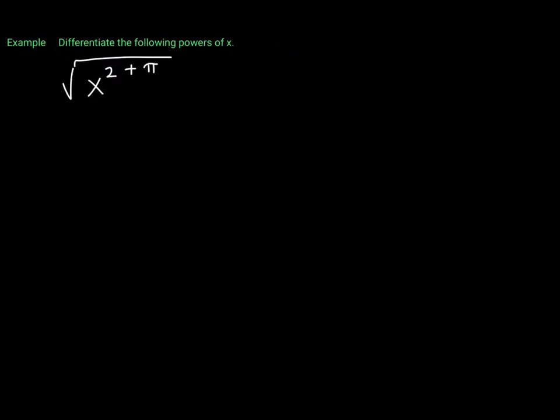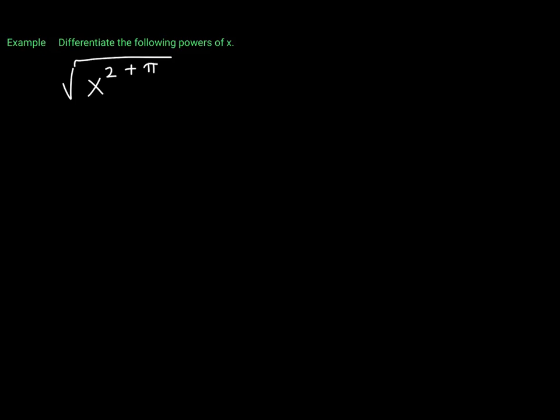Okay, the last one like this, and of course it's probably the more complicated one. We have the square root of x to the power of 2 plus pi. All right, so before we actually calculate the derivative, I want us to consider rewriting this, because we want to consider this to be x to the power of something, right?